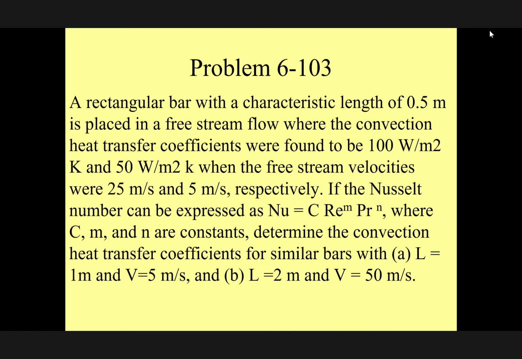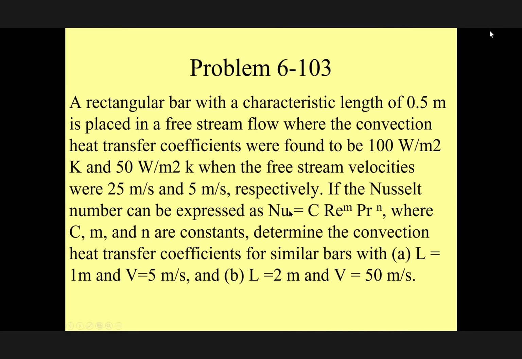Therefore, we assume that we are not changing the gas. We are using the same fluid. Since it's not given, we assume it is the same fluid. What we're trying to do here is find exactly what he's asking us to calculate, the heat transfer coefficient. The Nusselt number is hL over k.